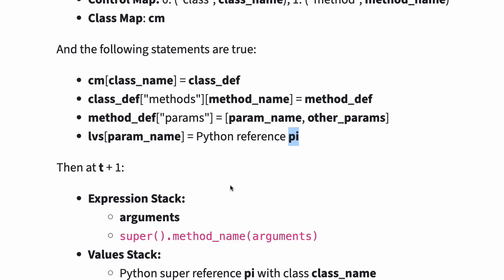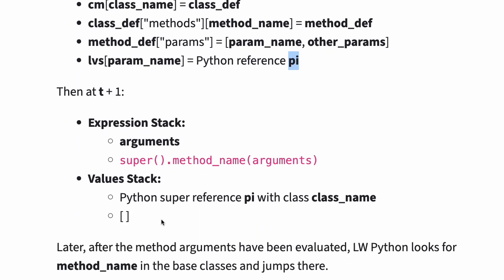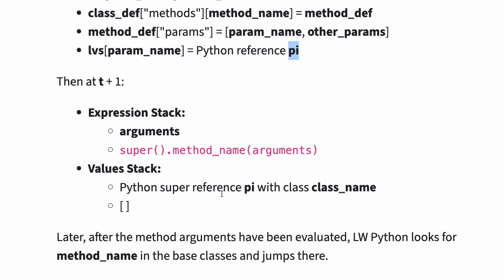Then at t+1, the empty stack and the super function call are popped from the expression stack, and the value stack contains Python super reference PI with class name.